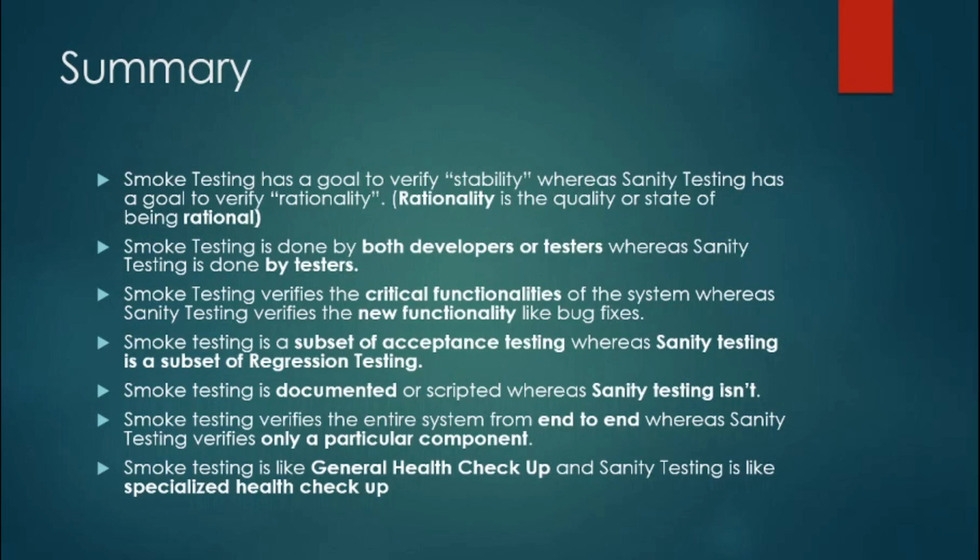Smoke testing is done by the developer and the tester both, whereas sanity testing is only done by the tester. In smoke testing, you generally verify only the critical functionality, whereas in sanity testing, you only check the new functionality, like bug fixes or any enhancement done to the software. Smoke testing is a subset of acceptance testing, whereas sanity testing is a subset of regression testing.